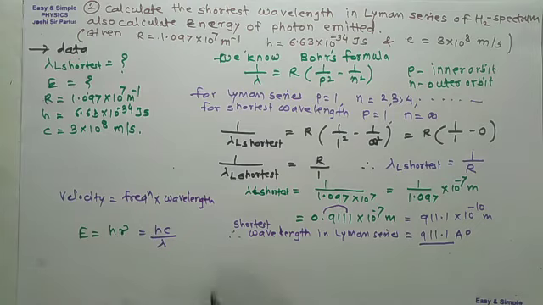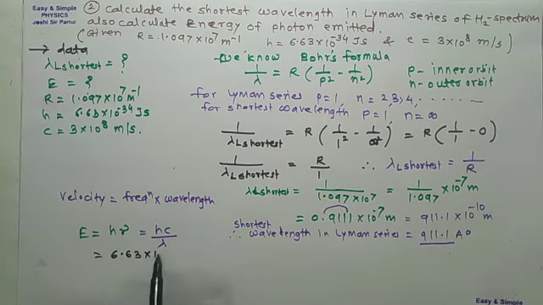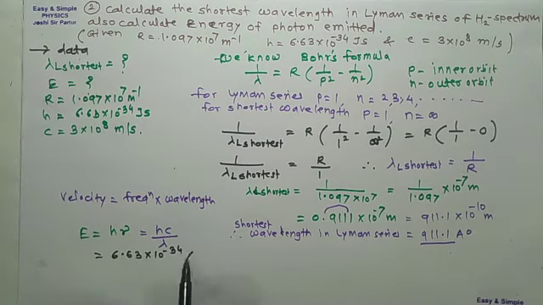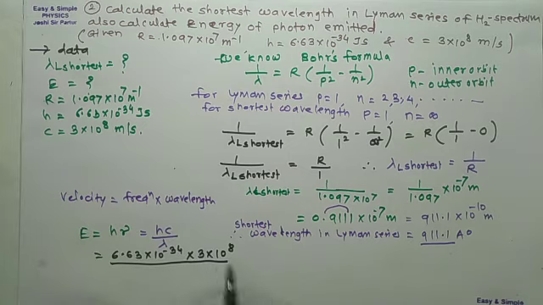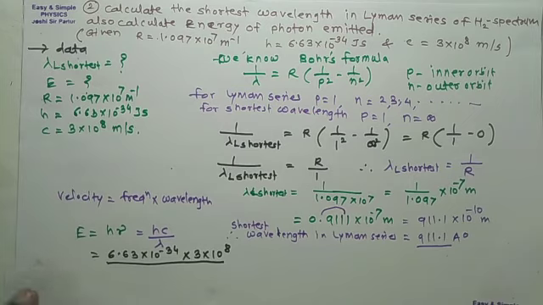If we substitute the values, here 6.63 into 10 raised to minus 34 multiplied by 3 into 10 raised to 8 divided by the shortest wavelength, that is 911.1 into 10 raised to minus 10.